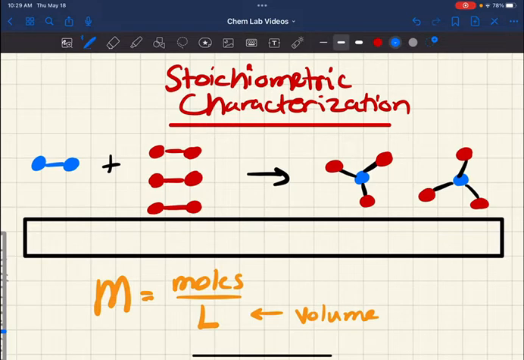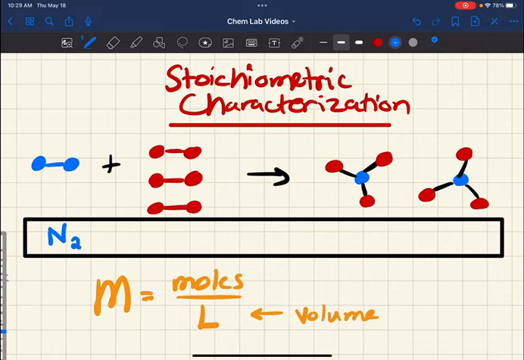is given by the coefficients of the species in the reaction. And so I've drawn this ball and stick model of a reaction to help us think about what the coefficient means in a visual sense. But this is a commonly used reaction to show stoichiometry.